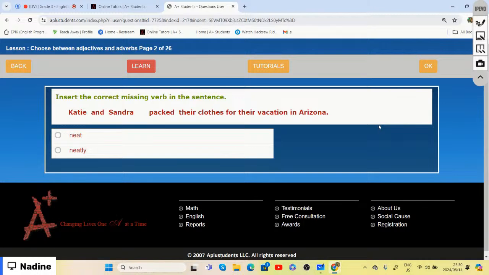Do we say Kathy and Sandra neat packed their clothes for their vacation in Arizona, or do we say neatly? Kathy and Sandra neatly packed their clothes for the vacation in Arizona.